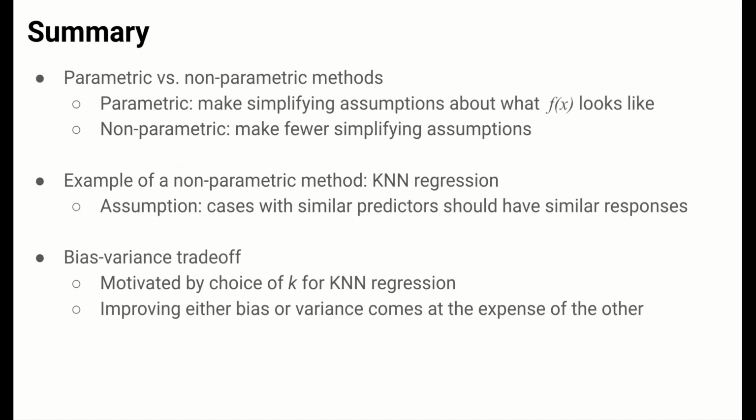So in summary, we've introduced a distinction between parametric methods and nonparametric methods. Parametric methods simplify the task of estimating the function that relates the response to the predictors by assuming that the function looks a certain way. Nonparametric methods try to make fewer of those assumptions. We talked about a particular nonparametric method called K-nearest neighbors regression that only assumed that cases with similar predictors should have similar responses.